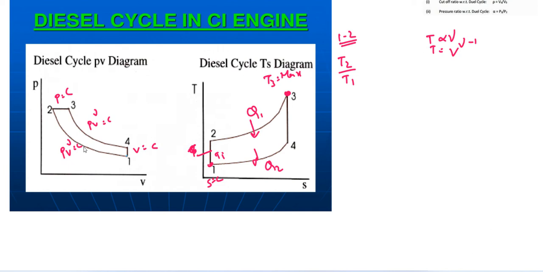Temperature equals volume whole power gamma minus 1. From this equation, we can write that from process 1 to 2, T2 by T1 equals (V2 by V1) whole power gamma minus 1.